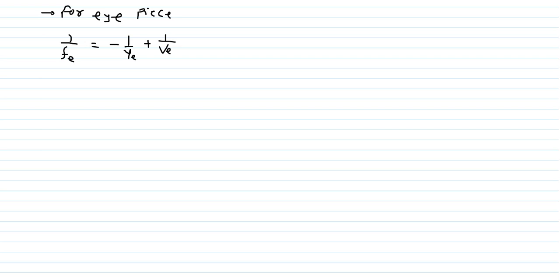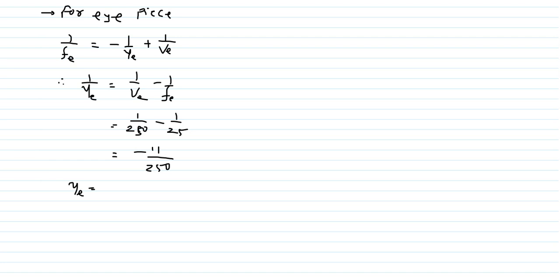Therefore 1 upon UE is equal to 1 upon VE minus 1 upon FE, that is 1 upon 250 minus 1 upon 25, that is minus 11 upon 250. Therefore UE is minus 22.7 mm.